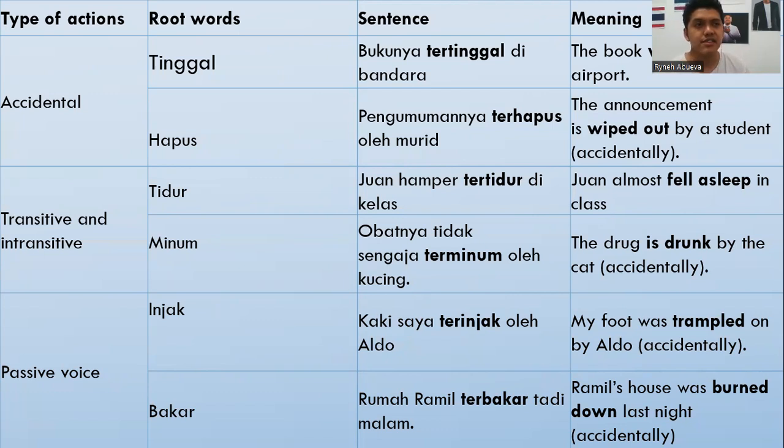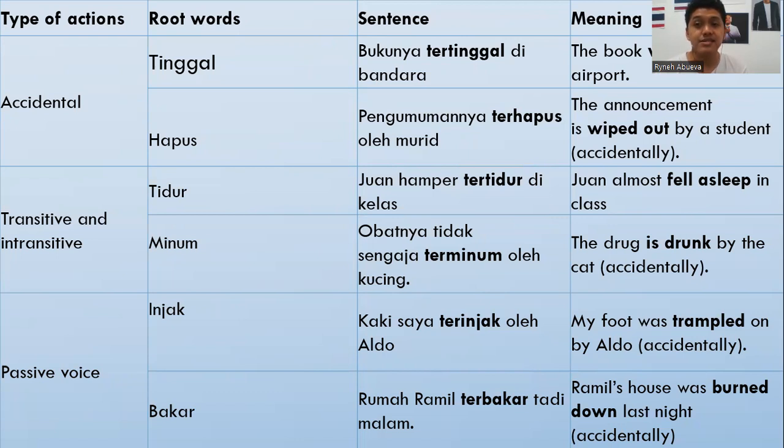Sometimes like to live, like to die, something like that. For the sentence there, as an example, I wrote there is buku niya tertinggal di bandara, meaning the book was left at the airport.